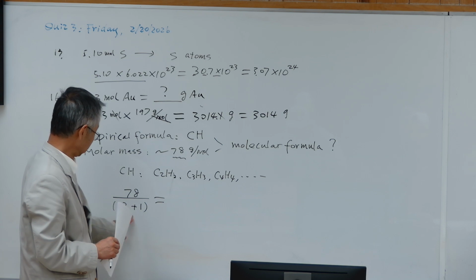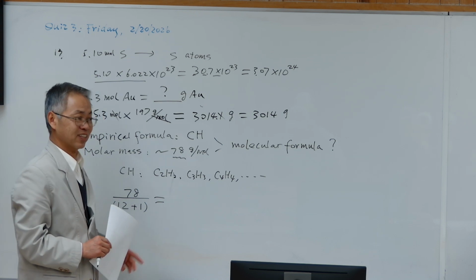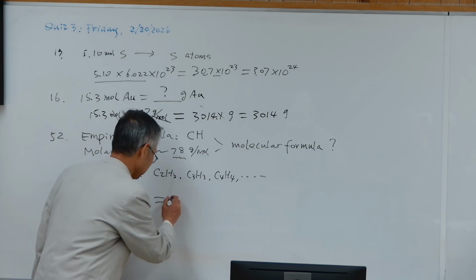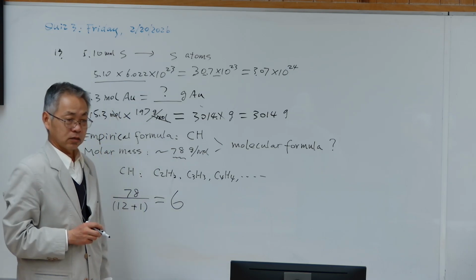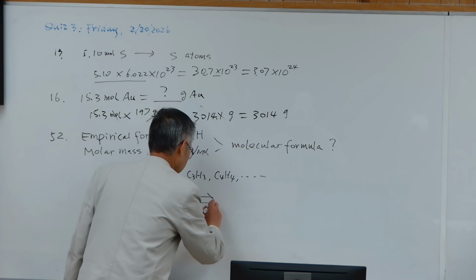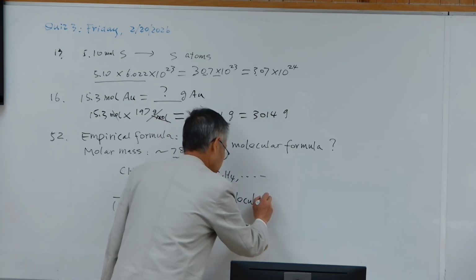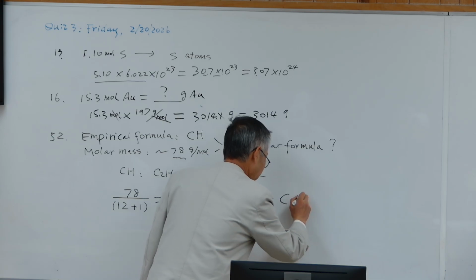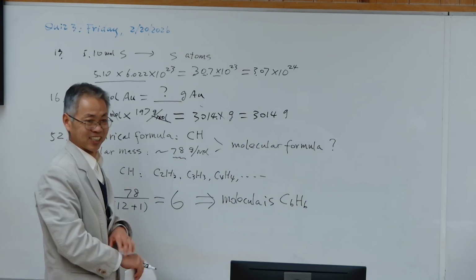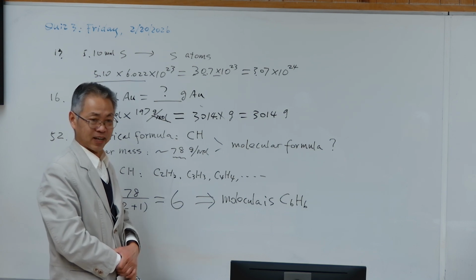How about 5? No, 13 times 5 is 65. 6? 6 times 13 is exactly 78. So this whole number is 6, and then clearly the molecular formula will be C6H6. CH times 6 is C6H6. You get it?